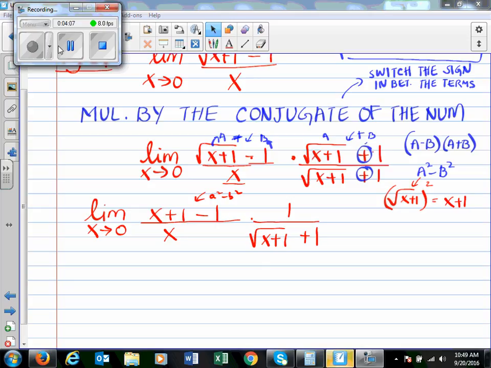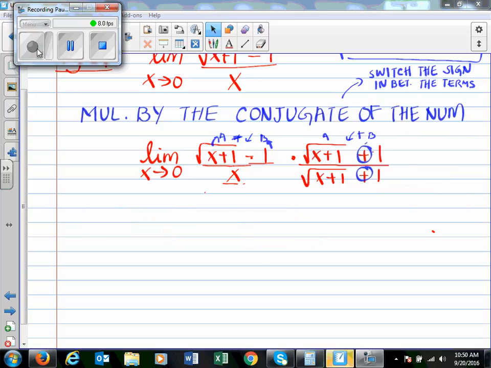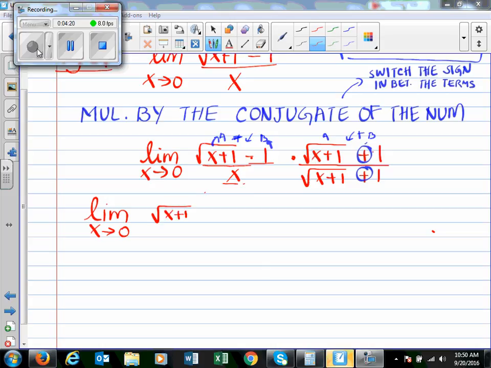No? Okay, let's see how that happens. If you're not able to understand it when it's separate, let's add another step: limit as x approaches 0 of (square root of x plus 1 minus 1) divided by x, times (square root of x plus 1 plus 1). This is for you to understand it even better, so you see it together.